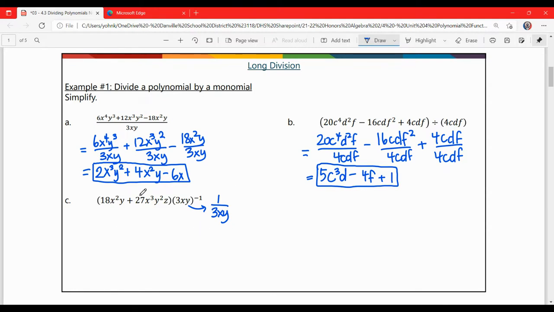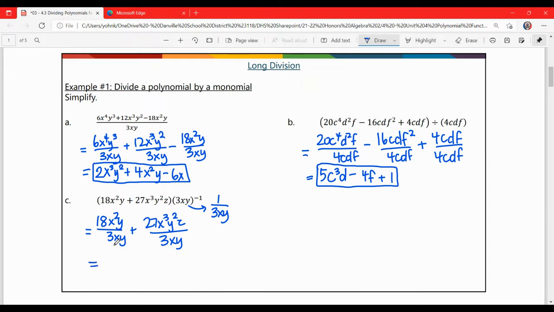So we're going to take each of the terms in the binomial and divide it by 3xy. So 18x squared y divided by 3xy plus 27x cubed y squared z divided by 3xy. Now we're going to simplify this.